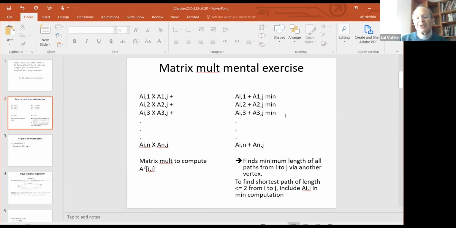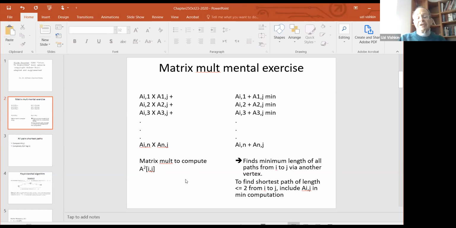Okay, this is your chance to raise your hands if it's not clear, because I claim that by doing that, I'm done. Why is that so? Because the computation of A to the power of 2 of ij gave me the minimum length of all paths from i to j via up to another vertex, meaning up to length 2.